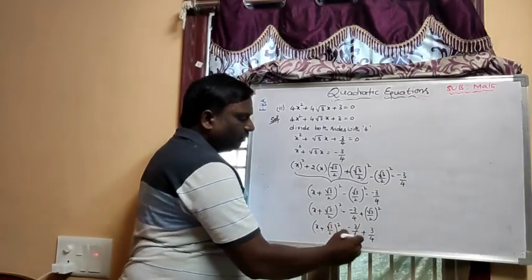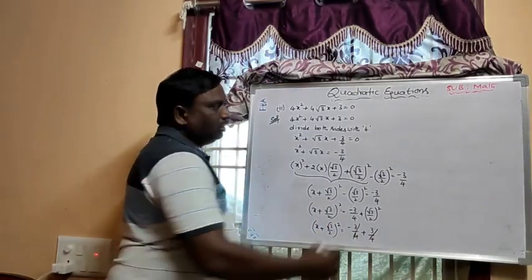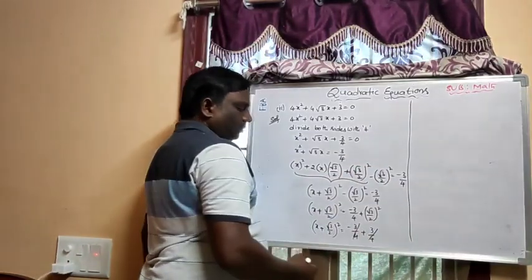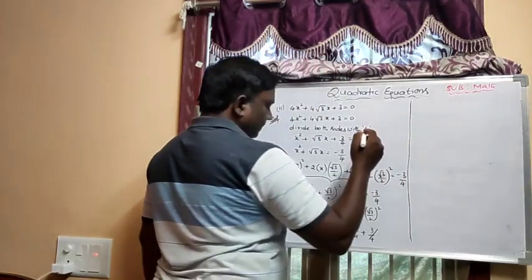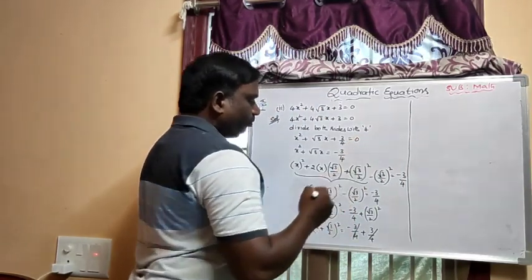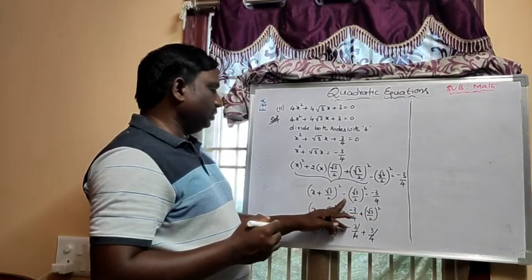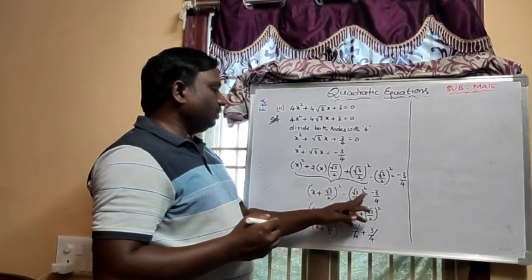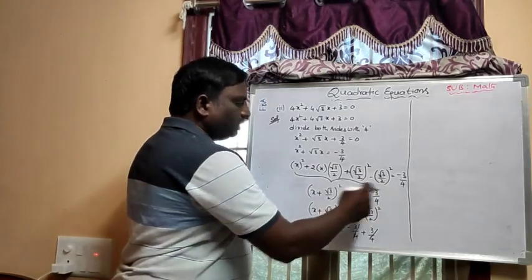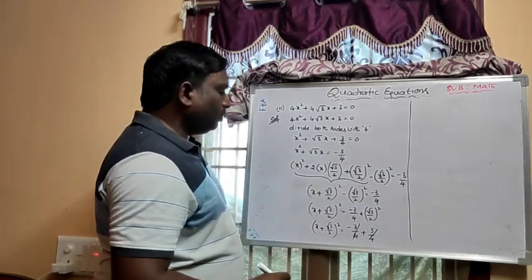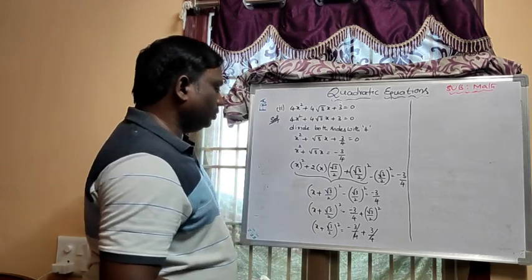Minus 3 by 4 plus 3 by 4, both get 0. When minus 3 by 4 goes to the other side, it becomes plus 3 by 4, right.